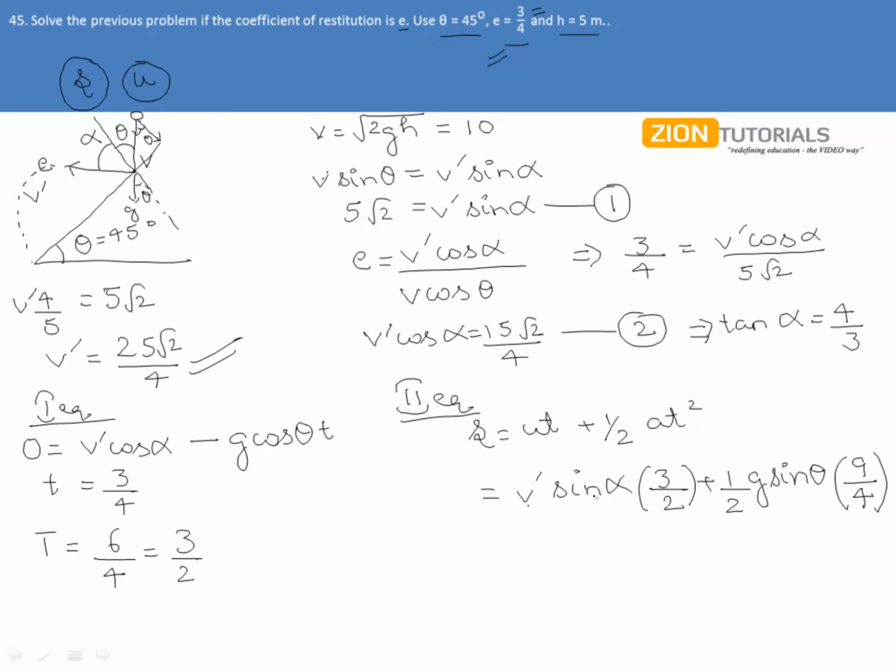Putting the values of V dash sine alpha, g and sine theta, we get the value of S to be 105√2/88. That is approximately 18.5 meters. So this is the answer for this problem.